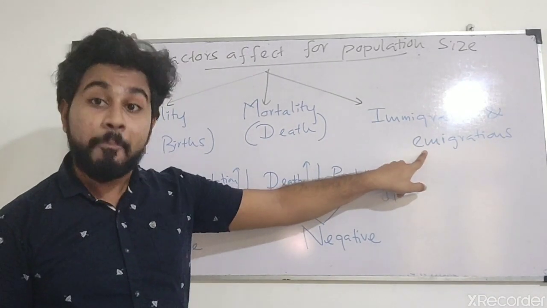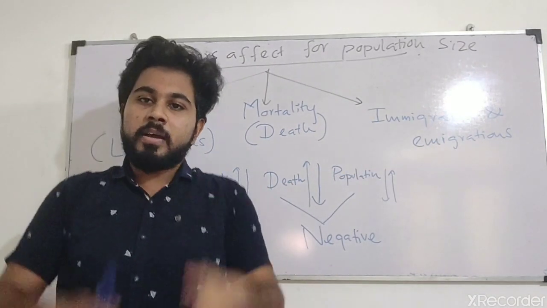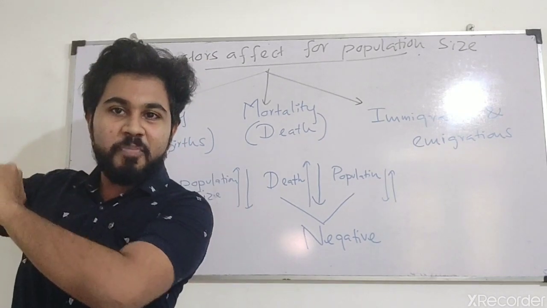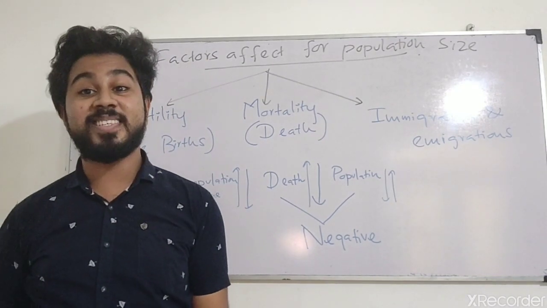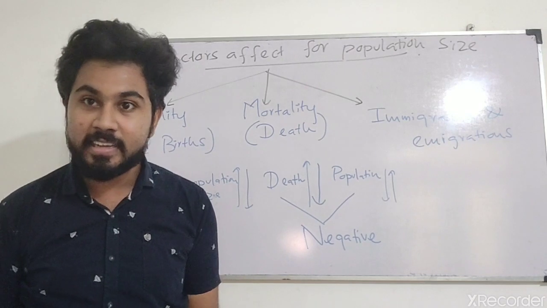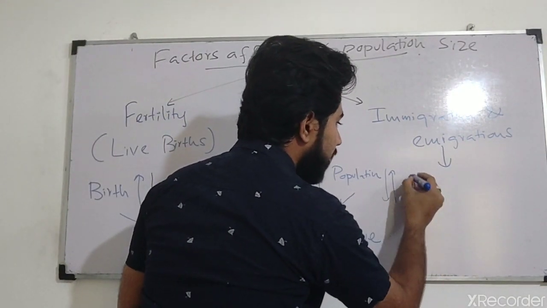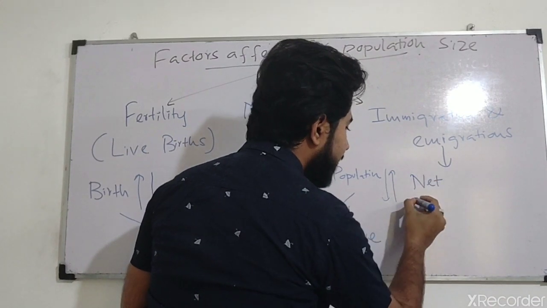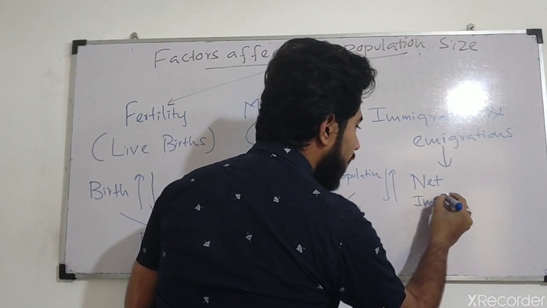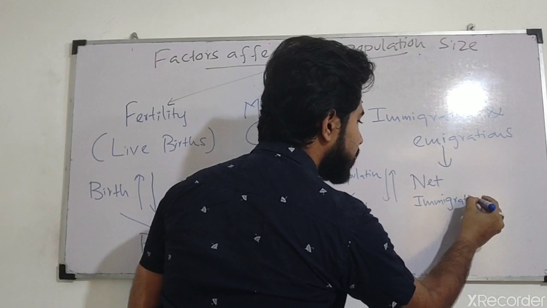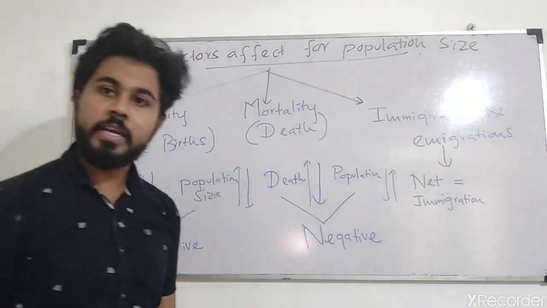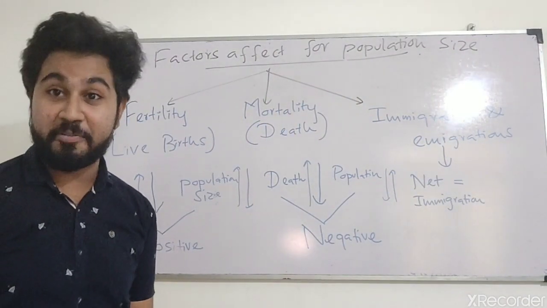But what is known as emigration? That is people in Sri Lanka go out from Sri Lanka and establish permanent residency abroad. Clear? Right. Okay, so through this we can generate a concept called net immigration. What is known as net immigration?